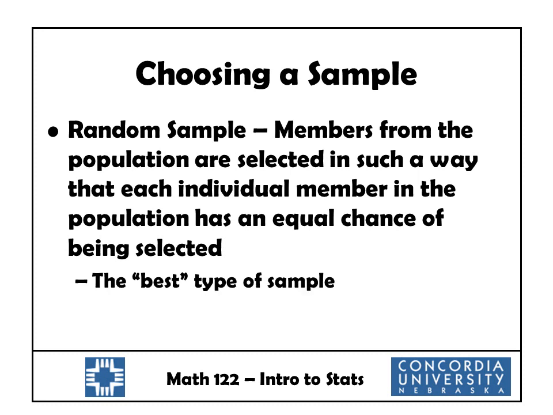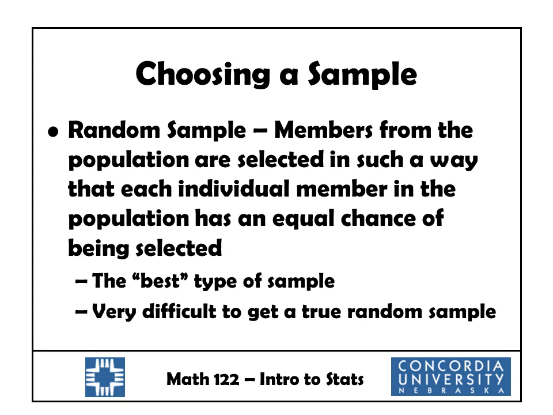And this again is the best type of sample, and it's going to be the only type of sample that we're going to allow in our analysis. But the problem is that it's very difficult to get a true random sample of our population. It's the best, but very difficult to do properly.